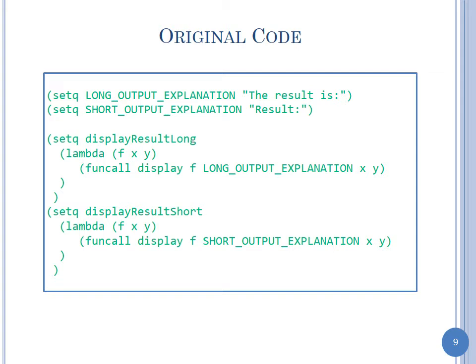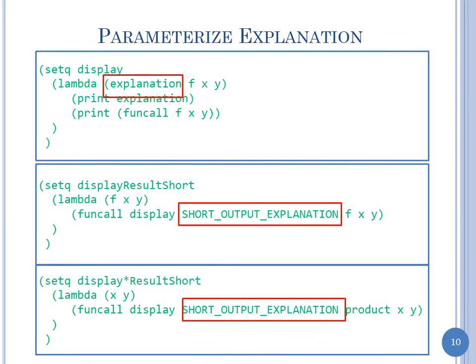So to motivate currying, we looked at these two functions, display result long and display result short, and they both had a funcall which was very similar, and we wanted to reduce the duplication there. This is the suggestion Roche gave last time.